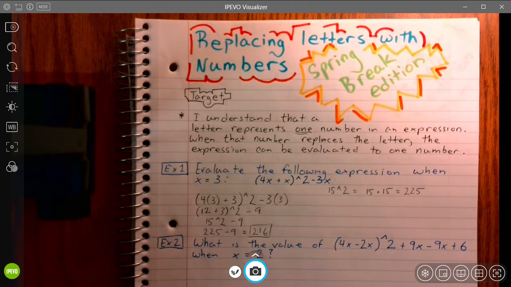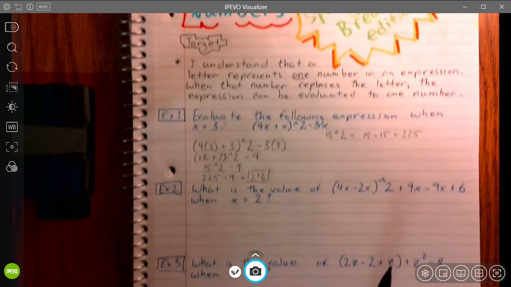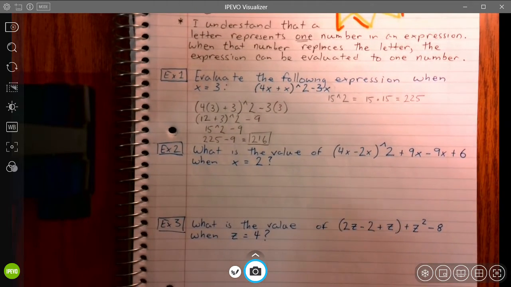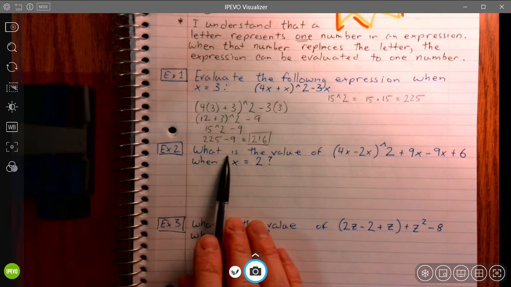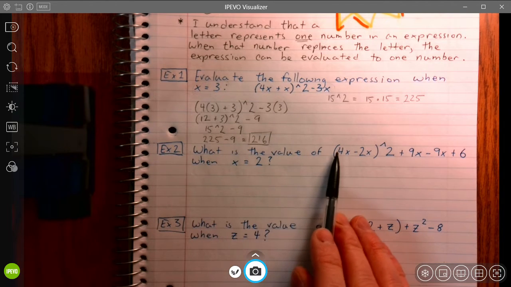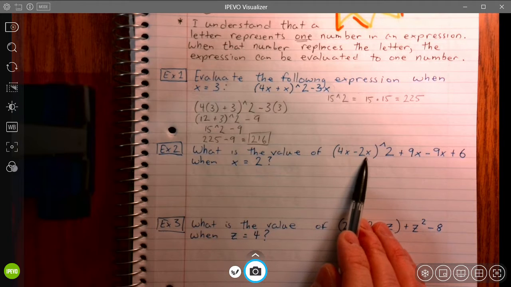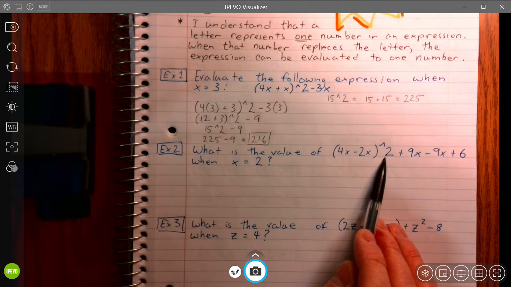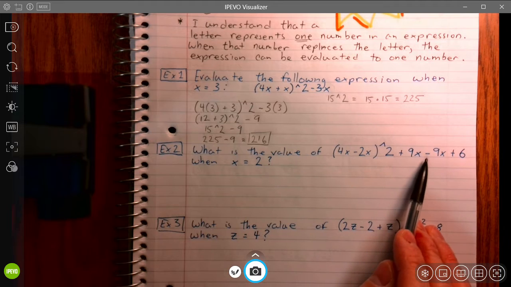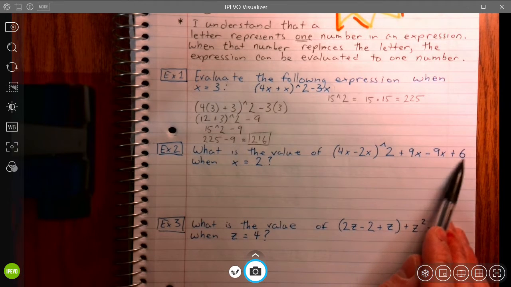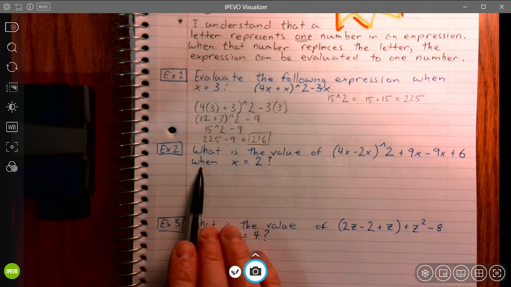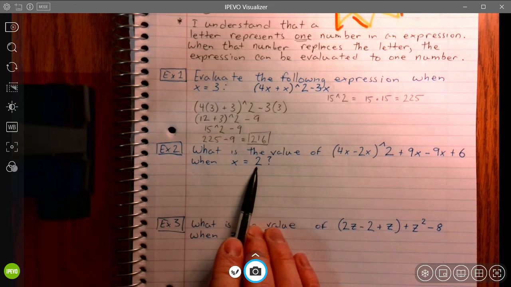Okay. Careful though, because in example number 2, well, let's read it and take a look. What is the value of 4x minus 2x squared, or raised to the second power, plus 9x minus 9x plus 6 when x equals 2?